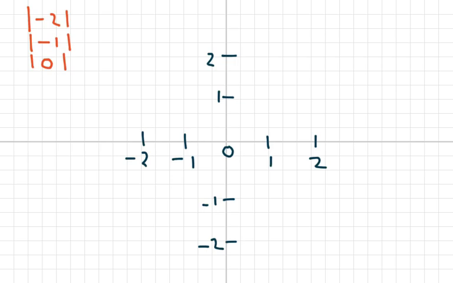The absolute value of negative 2 is 2, the absolute value of negative 1 is 1, and the absolute value of 0 is 0. Now it can't equal 0, so we're just going to do an open circle here, like a hole. And I know the absolute value is not curved, that it's a straight line, so it goes just like that. So I just drew the first piece.